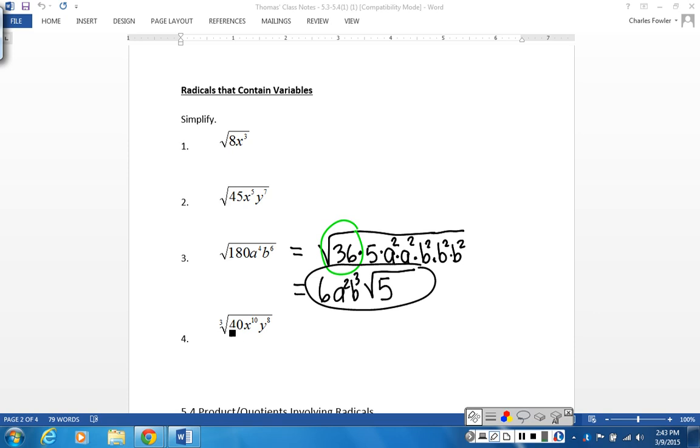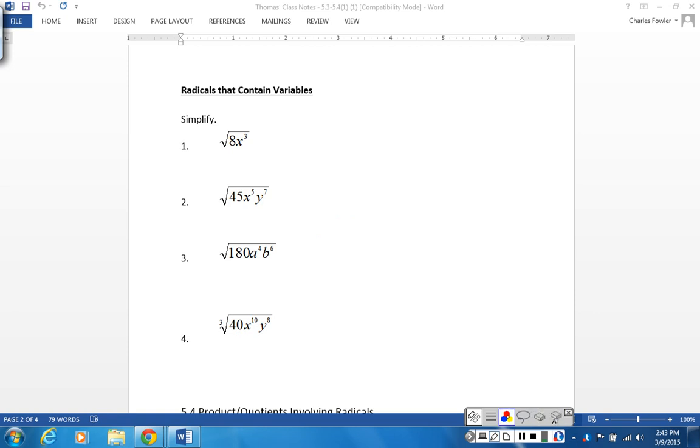Lastly, cube root of 40x to the 10th y to the 8th. Notice that I changed examples because I wanted you to know what to do if your problem was not a square root. It's a cube root in this case. So now we have to work with perfect cubes. So cube root of 40. Now 40 can be broken down to the perfect cube 8 and then times 5.